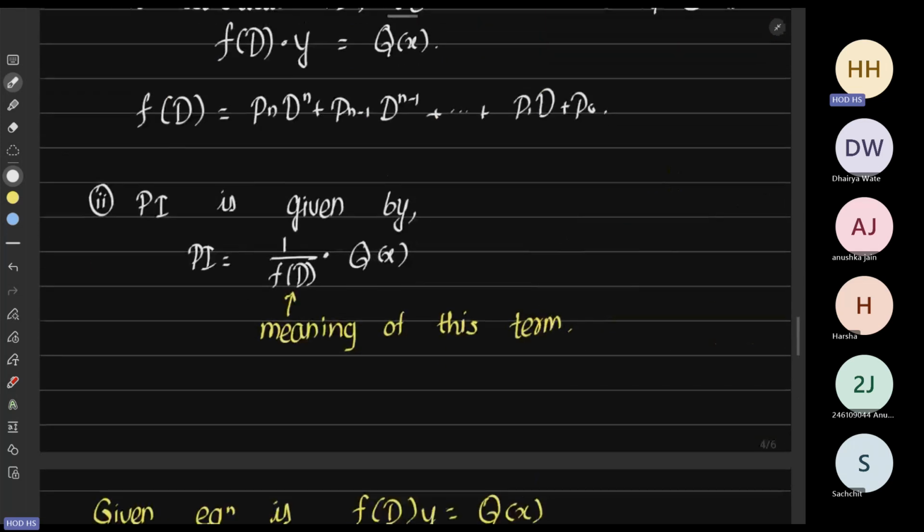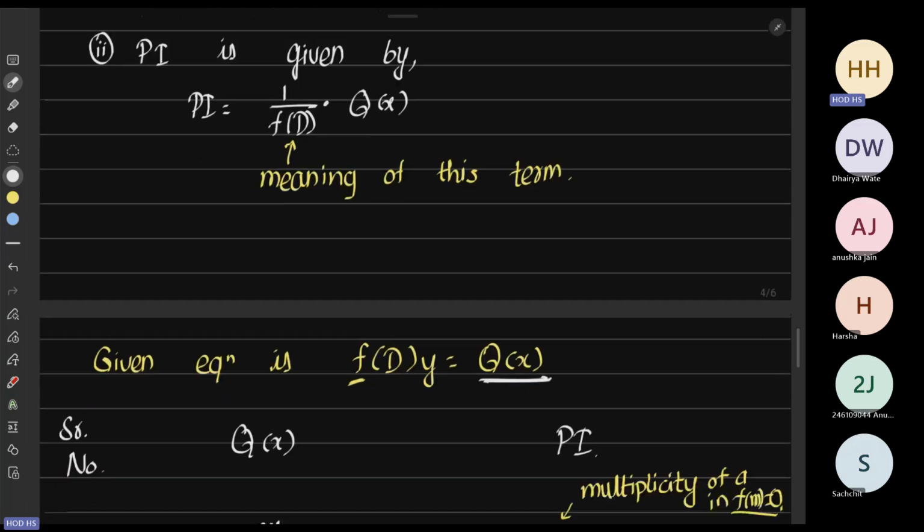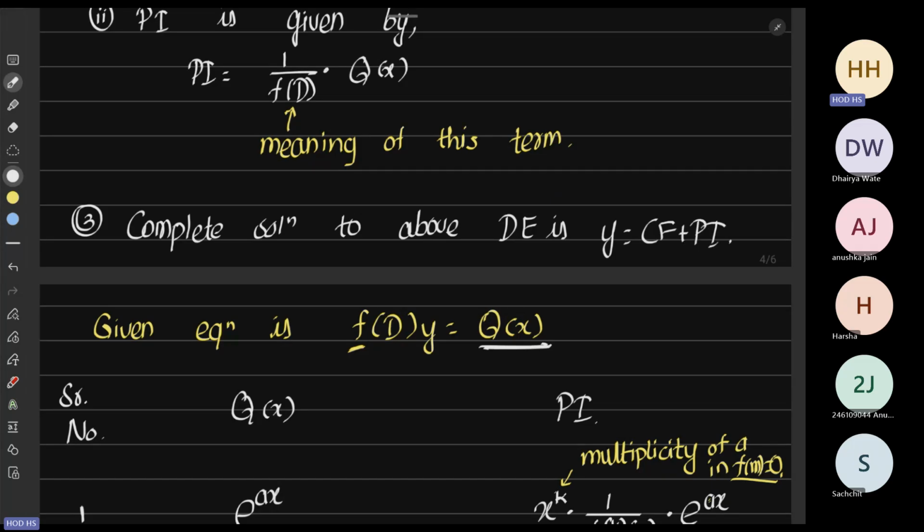The final step is that the complete solution to the above differential equation is y is equal to CF plus PI. This will be our final step for every question.